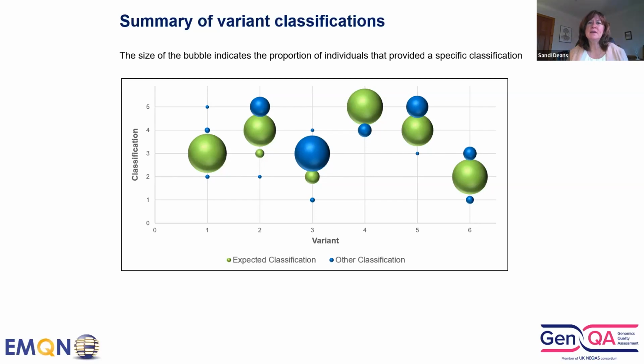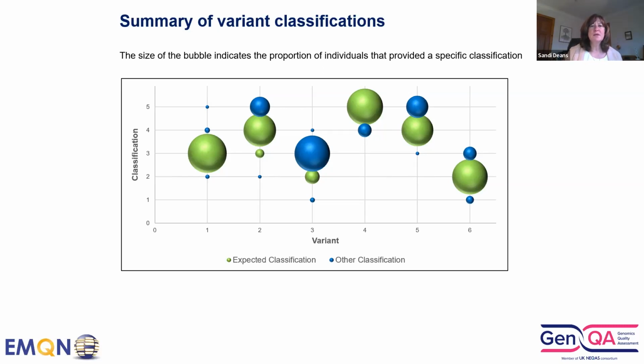Before we move on to the questions specifically to each variant, the slide in front of you here just summarizes the classification submitted by the participants for all 6 variants. The key here is the larger the bubble for the variant means the increased number of participants who provided that classification. Anything in green is the expected classification, as just described by our expert panel, and anything coloured in blue are alternative classifications.